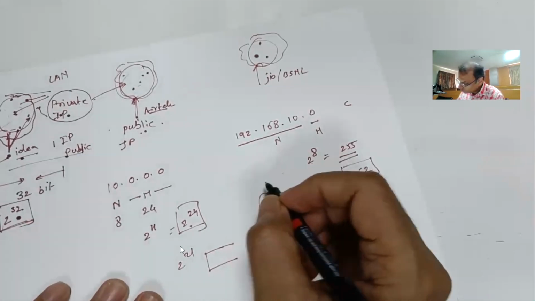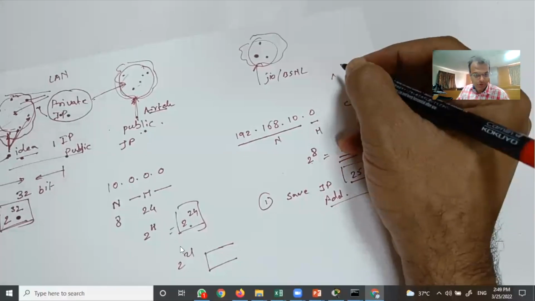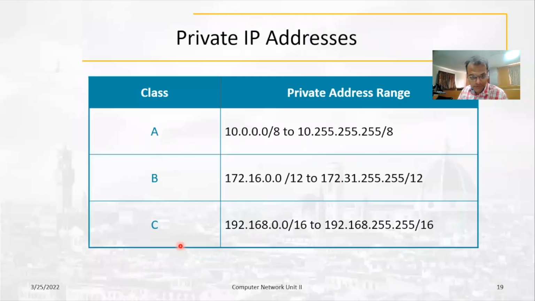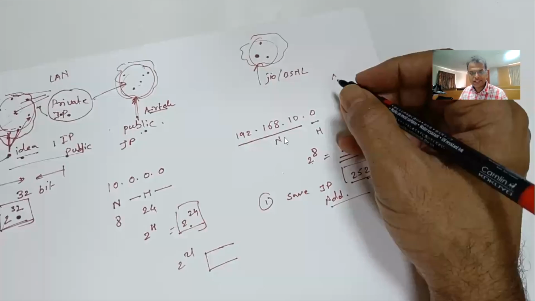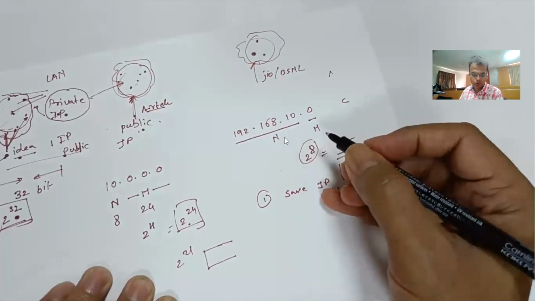So if we go back to this scheme, in class A you have some scheme, in class B you have some scheme, in class C you have some scheme. If you follow the class A, B, C scheme, you'll have a fixed number of network bits and a fixed number of host bits.